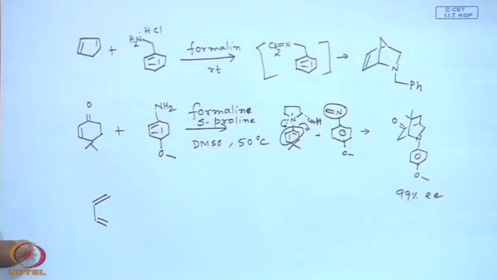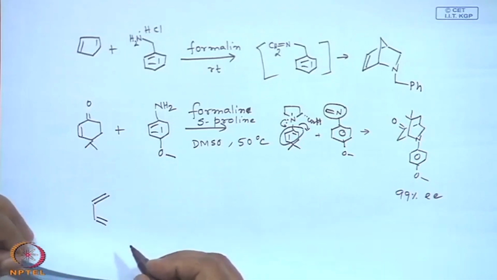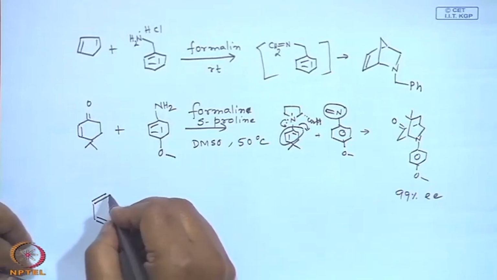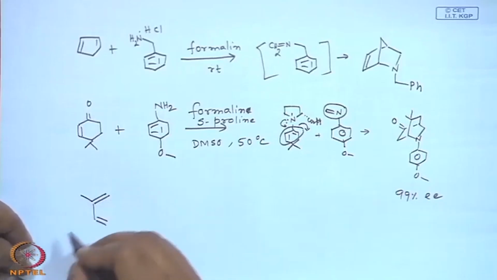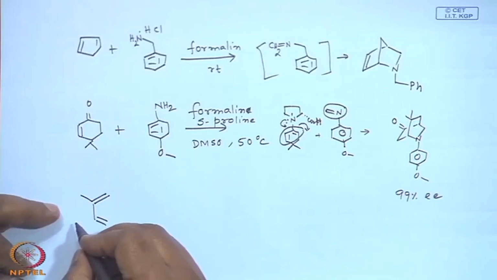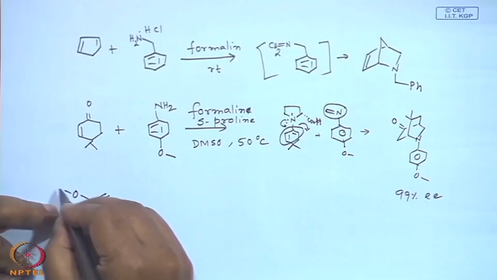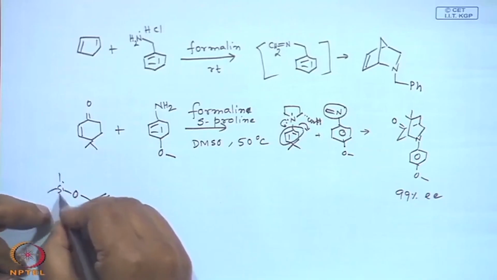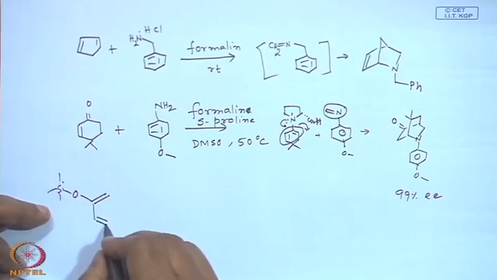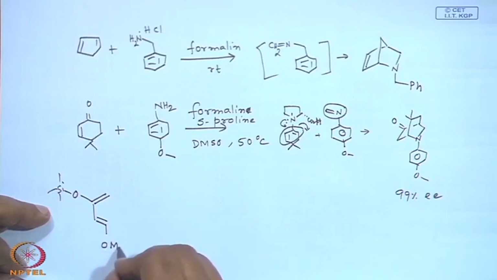What are the features of the Danishefsky diene? The second position is occupied by either nitrogen or oxygen, but normally it is oxygen. So, in this case, you have the silicon here and this, and the other one is this, and you have a methoxy here.